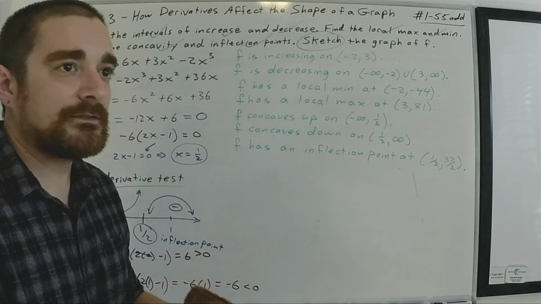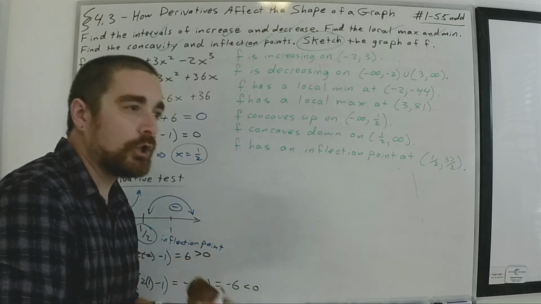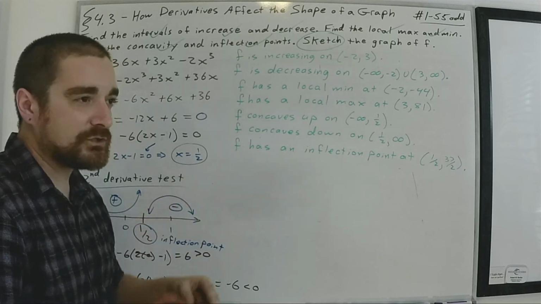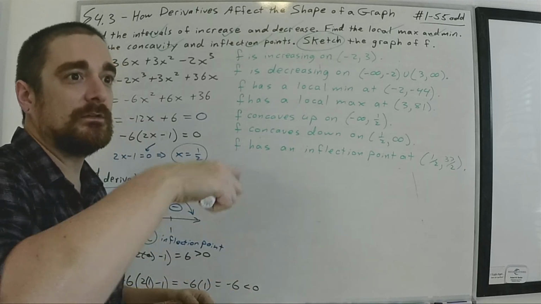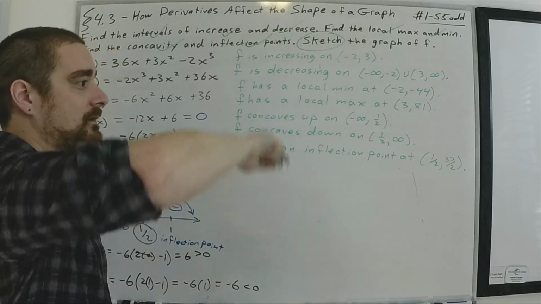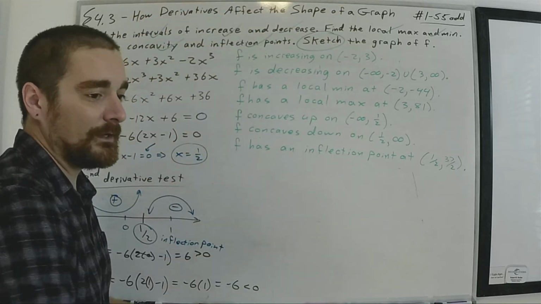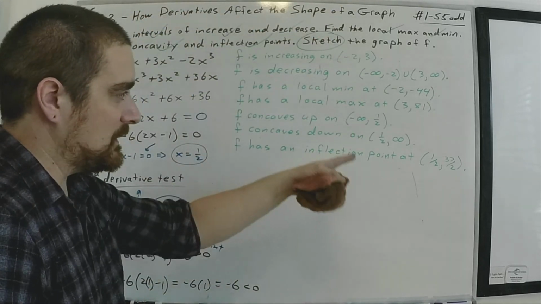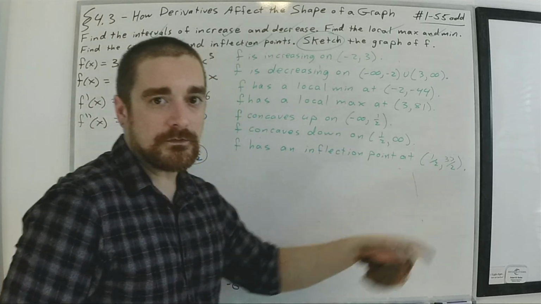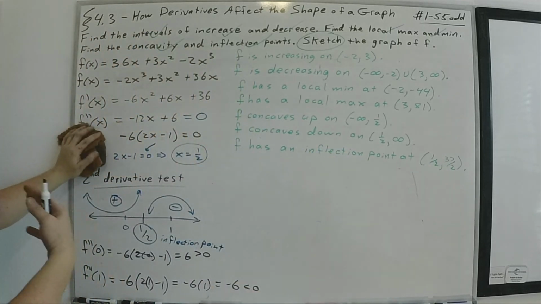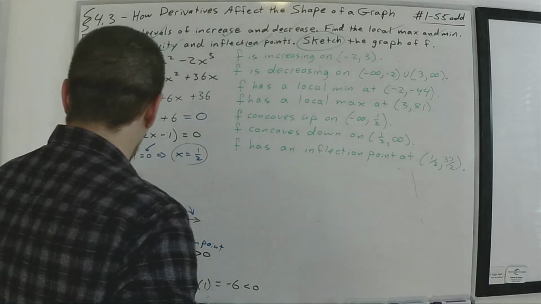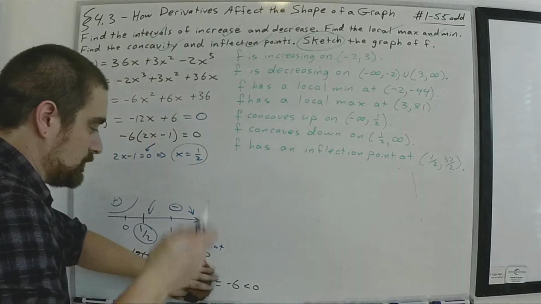Make sure your max and your mins are relatively close to where they need to be. Make sure your inflection points are actually changing the inflection of the graph. Don't just graph something concaving up and then curve up again. Right? If it tells you to concave up and then concave down, I want to see that you change that concavity somewhere near this point. Right? So again, for me, when I say sketch the graph, it really does mean you're doing it by hand.